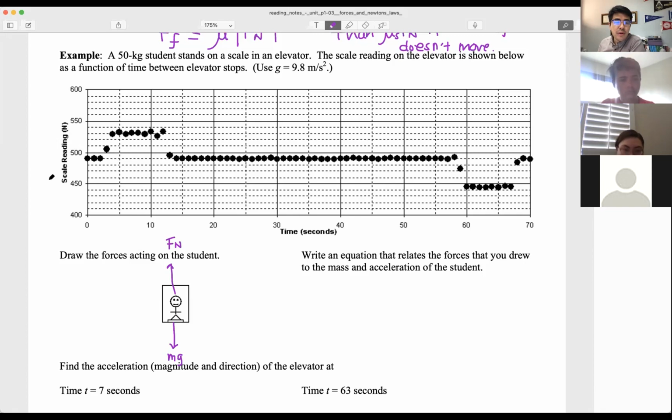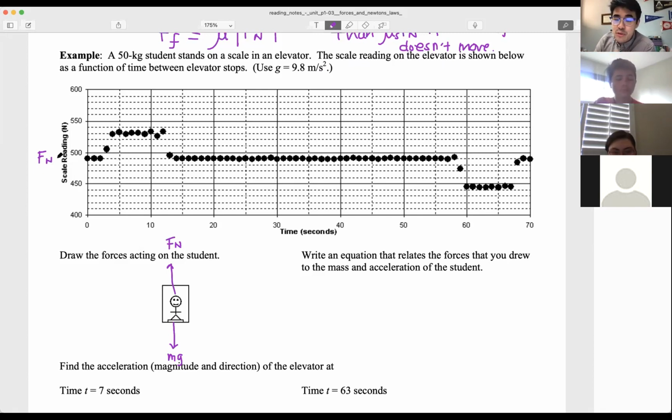Now, what does this scale reading tell us? They're measuring the scale reading on the elevator over a bunch of seconds. Does this scale reading link to the Fn or the mg? It actually relates to the Fn. Anytime you step on a scale, the scale is measuring how much it's pushing back up on your feet.